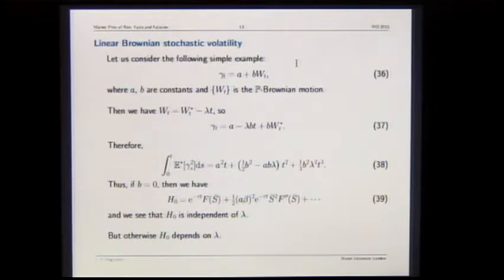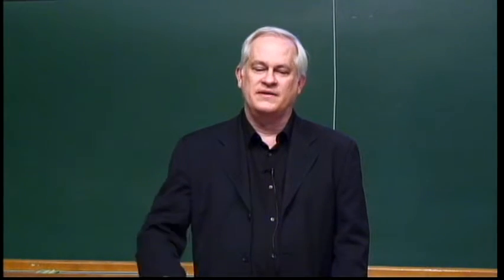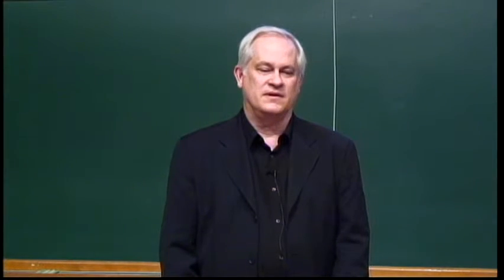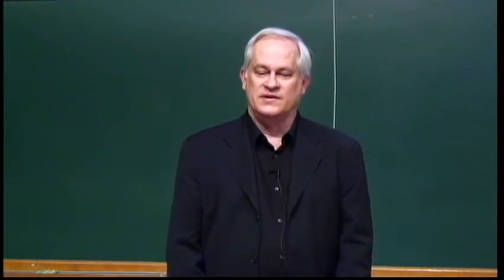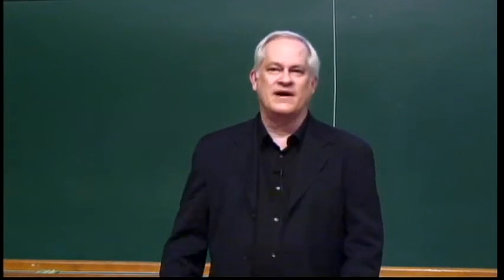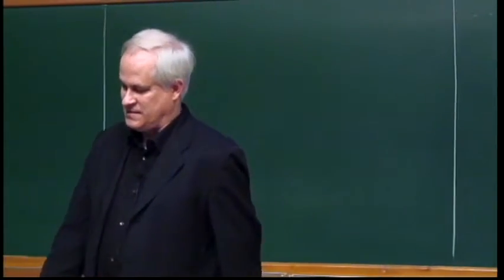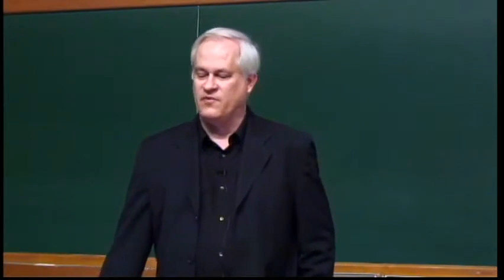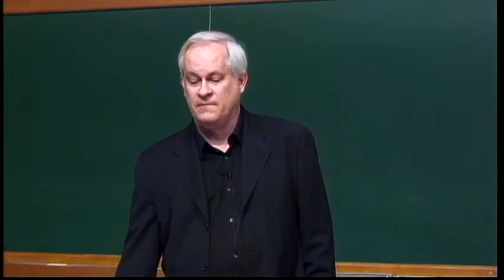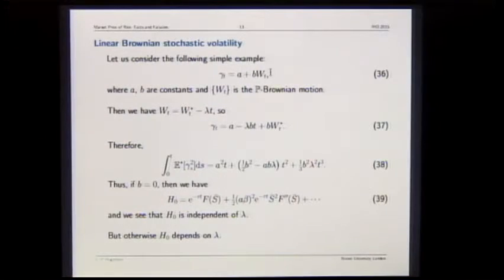Now, there's no reason to suppose that this is a realistic model for stochastic volatility. Maybe an Ornstein-Uhlenbeck type process would be better. But the idea here isn't to construct a realistic example. The idea is to construct any example, because then that will provide a counterexample to the idea that the derivative price should be independent of the market price of risk.